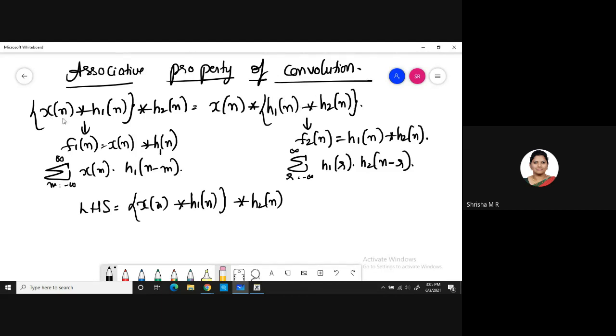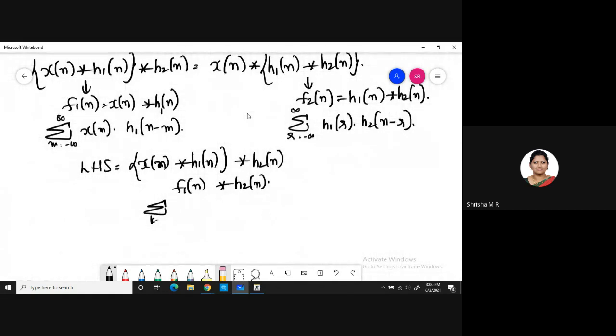Here we have put the bracket for x of n and h1 of n. So x of n convolved with h1 of n is f1 of n, convolved with h2 of n. I can write it in the form of a convolution sum as summation k equal to minus infinity to infinity f1 of k into h2 of n minus k.